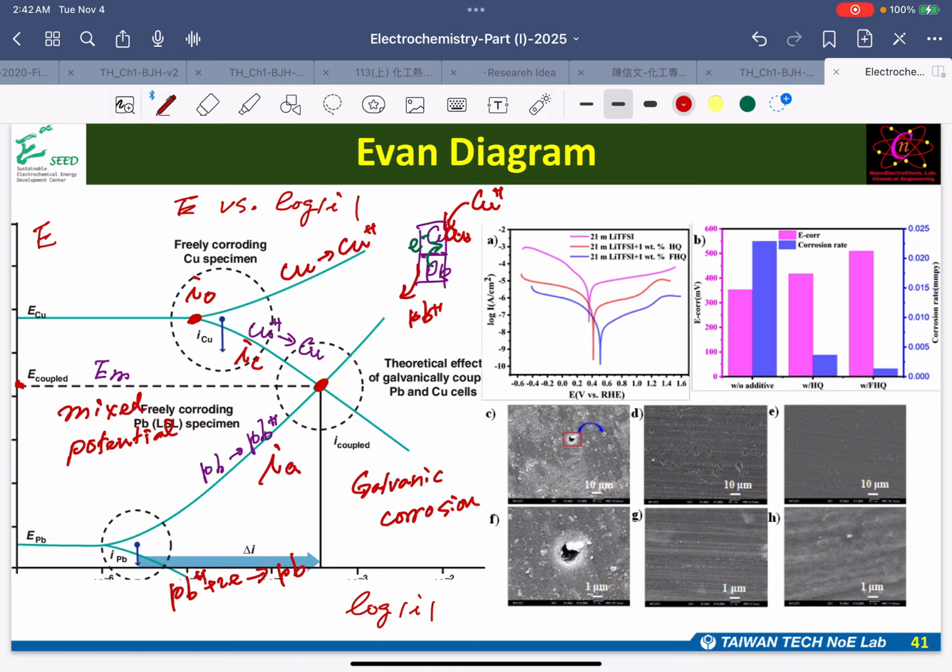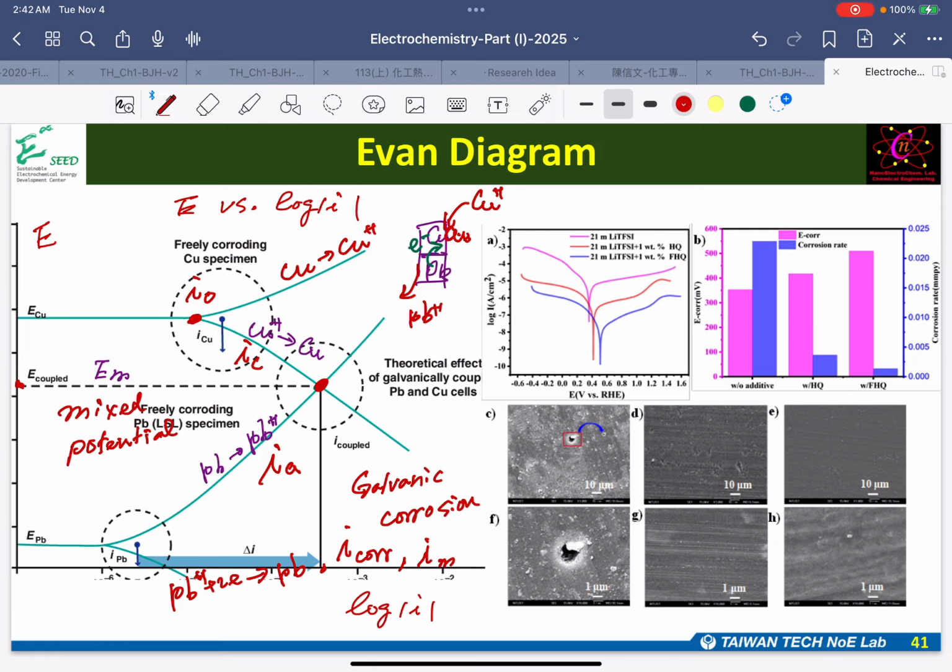But in this case, although the net current is still 0, we cannot call this the exchange current. We call this I mix, or I corrosion.